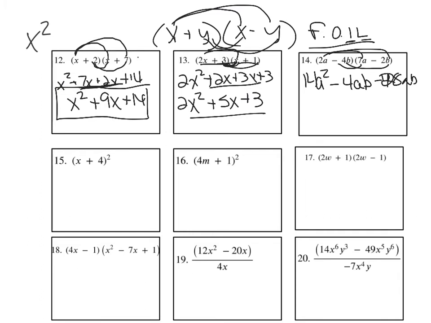So that'll be positive 8b squared. Combine your middle two terms. So 14a squared minus 32ab plus 8b squared, making sure I did it right.